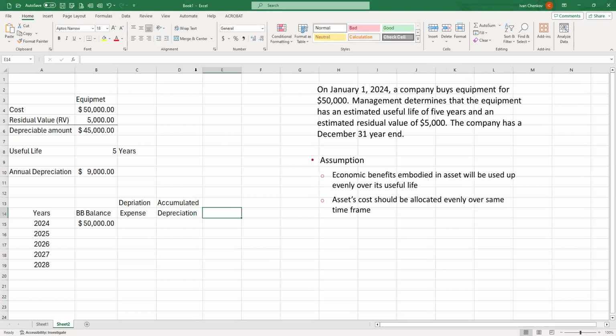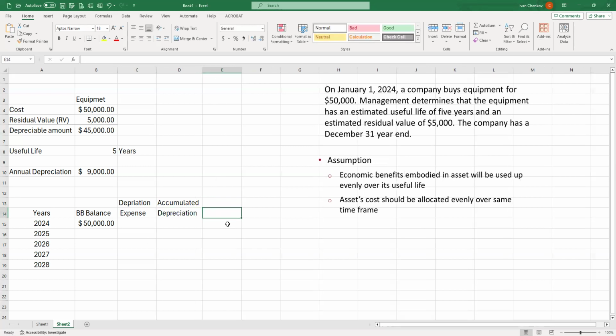And the last thing that is left is the ending balance. Once we have those, we can complete our formula. Depreciation expense always will be the annual depreciation.